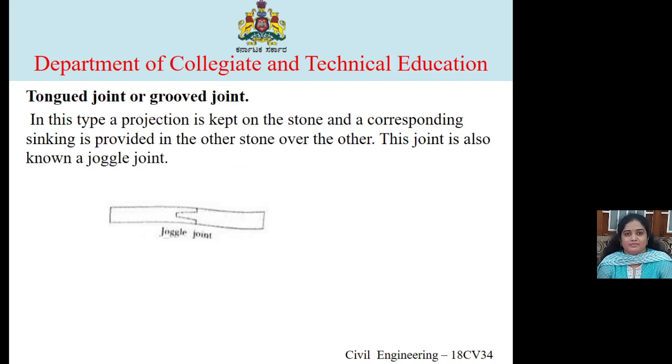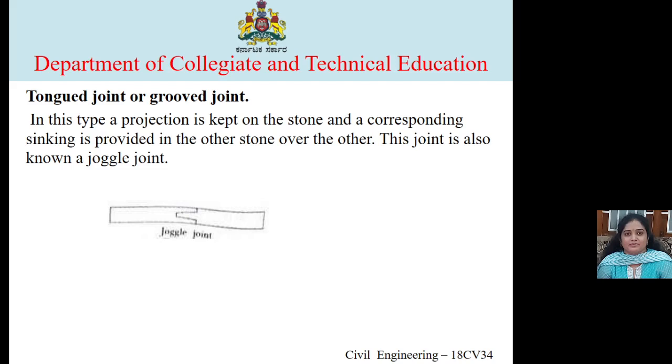Next is tongue joint or groove joint. In this type, a projection is kept on one stone, and a corresponding sinking is provided on the other stone. This joint is also known as joggle joint.